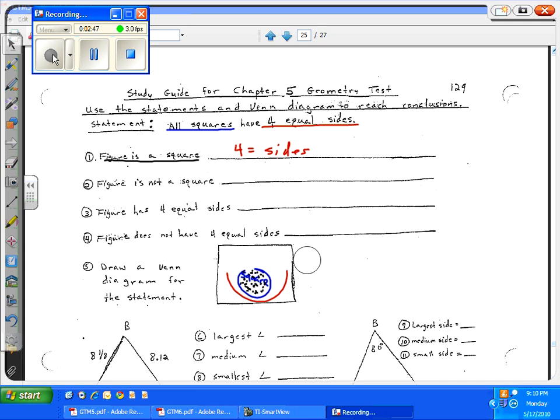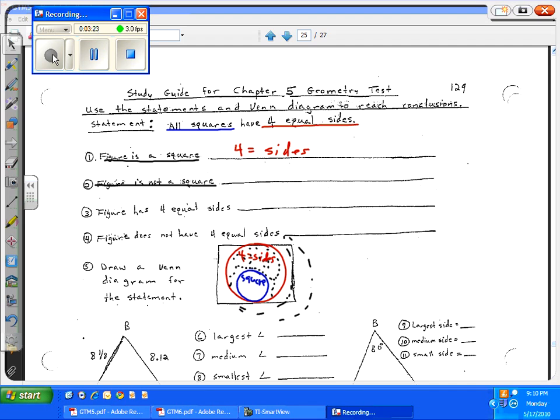Well, then we would say, what if it says not a square? Well, we're going to redraw this thing. Four equal sides. Square. It says the figure's not a square. Not a square means it's not in the little circle. If it's not in the little circle, then it could be in the big circle, but it doesn't have to be.